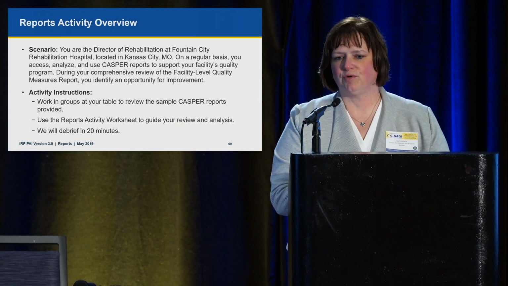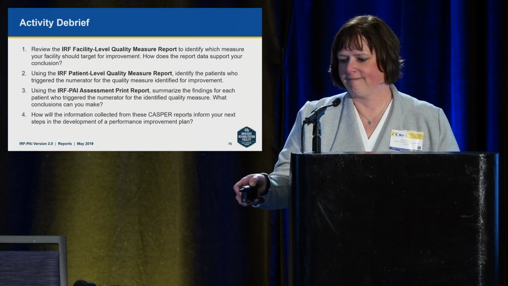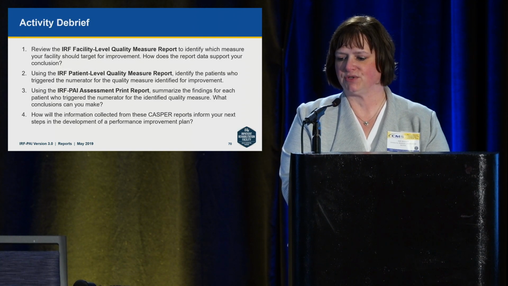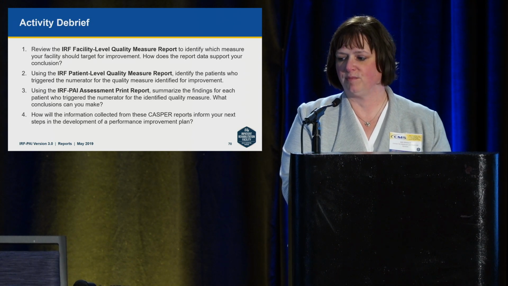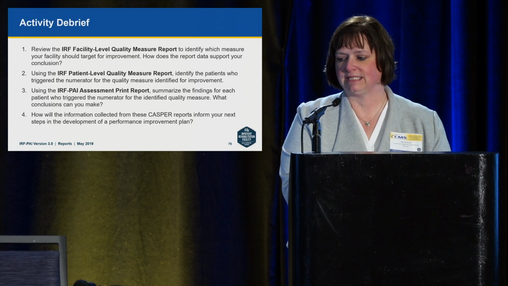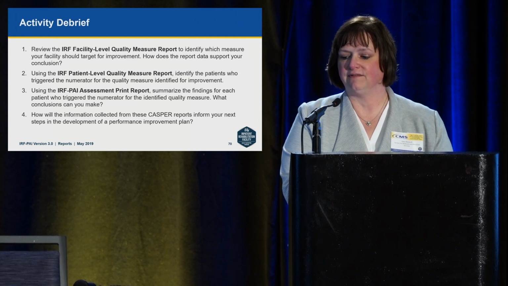Okay, I think we'll regroup and go through the activity results. So in your packet, you had a list of questions to answer. Review the IRF facility level QM report to identify which measure your facility should target for improvement, and how does the report data support your conclusion. Secondly, using the patient level report, identify the patients who triggered the numerator for the quality measure identified for improvement.